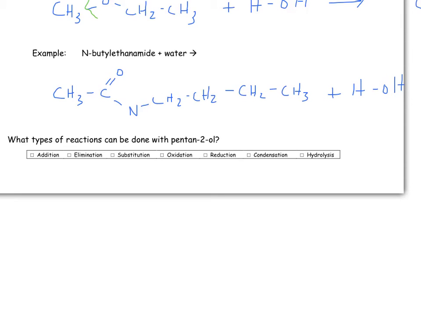Now remember, hydrolysis reactions are the opposite of condensations. In order to make an amide, I condense a carboxylic acid and an amine. So if I hydrolyze an amide, I need to get a carboxylic acid and an amine back. That means this CN bond is the one that needs to break. The C with the double bonded O will claim the hydroxyl functional group, making a carboxylic acid, and the H will go on the end to make an amine.